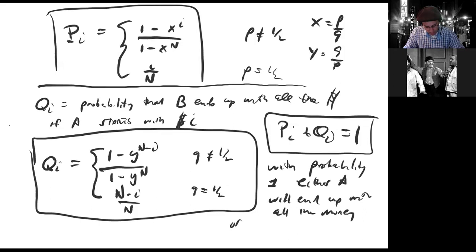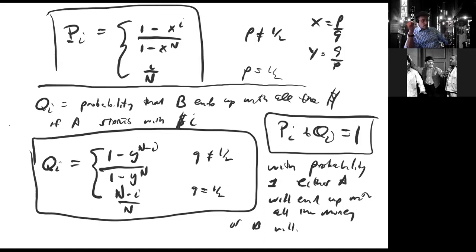or B will. Now, this is not absolutely obvious, because you could imagine a scenario where two players are playing forever and the game never stops. And what this calculation shows you, with probability 1, with absolute certainty, is that the game will stop.